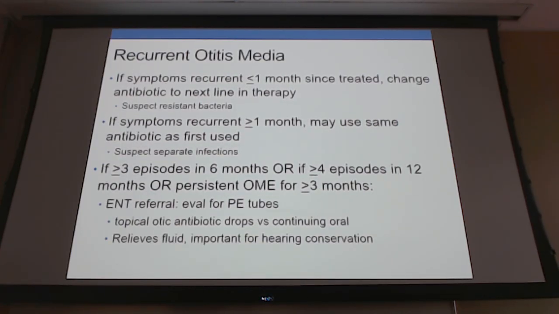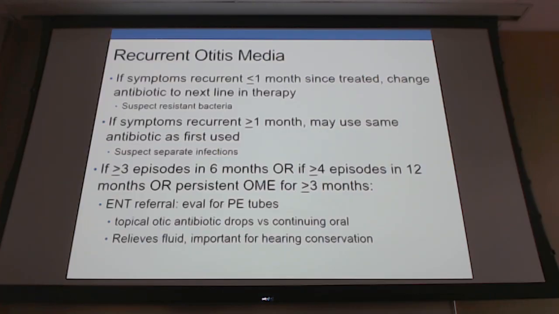How do we say when it's recurrent? If it's been less than a month since they came back, that is a recurrence of an acute otitis media. At that point, you have to decide, what am I going to do? When am I going to treat this? Let's say the child came on March 1st, and you diagnosed AOM. They come back March 15th, after finishing their 10 days of antibiotics.